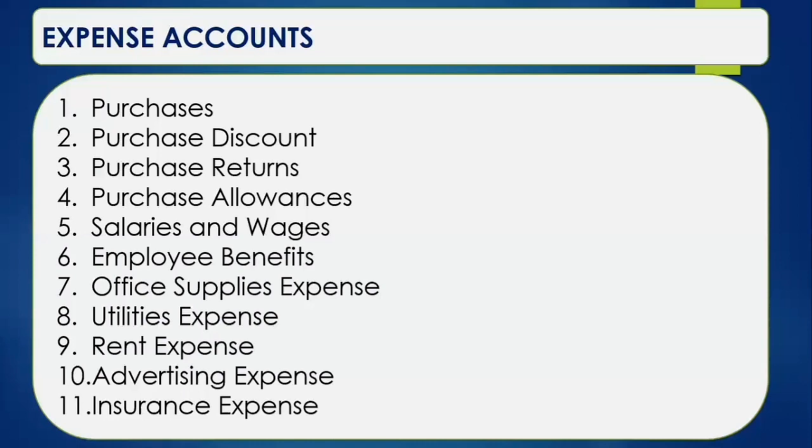Next, we have office supplies expense. It represents various office supplies used by the office like coupon bonds, pencils, ballpoint pens, papers, paper clips, etc. Another expense that we have would be utilities expense, and these are expenses arising from your light or electricity.